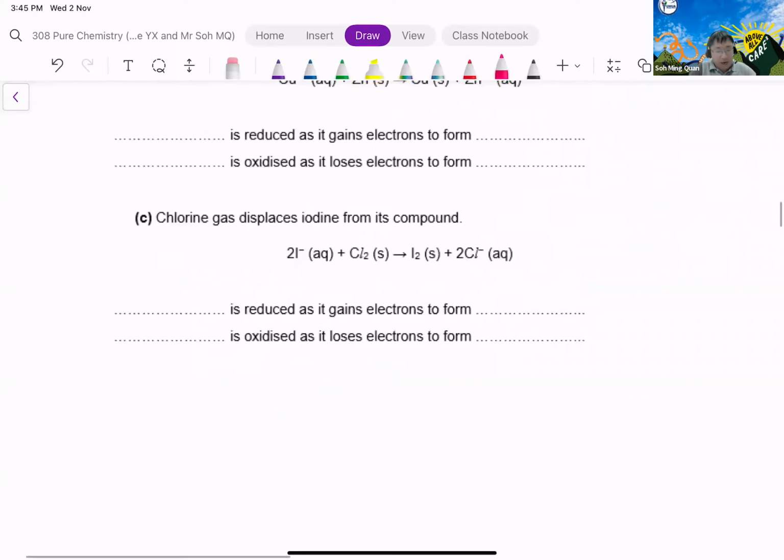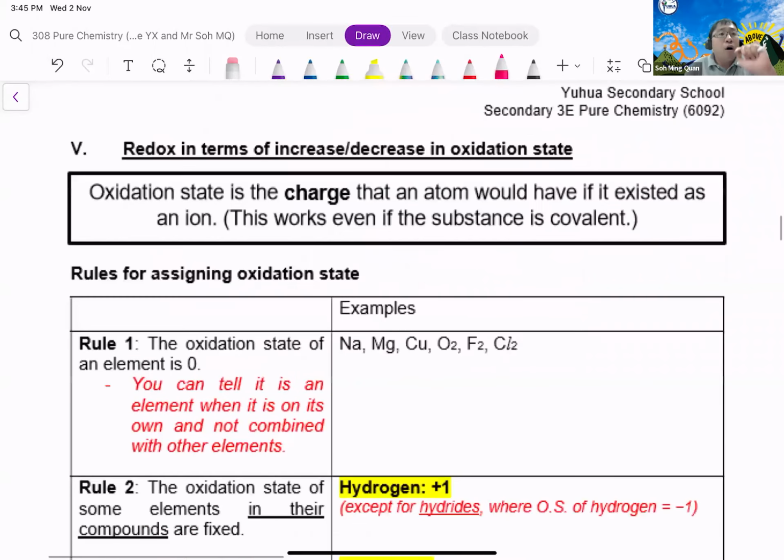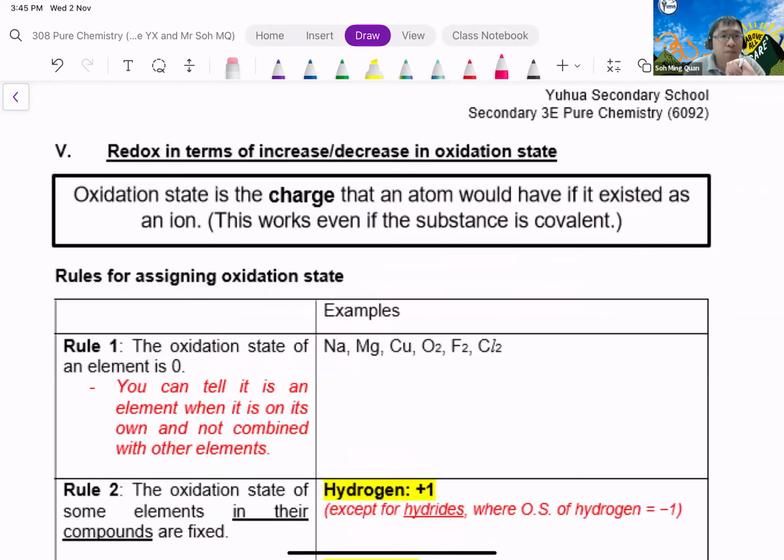So let's turn to the next page. So what is oxidation state all about? Well, the first thing you need to know is that oxidation state is not something that you can see. It's not something you can measure. It is not like temperature, you can put a thermometer in and measure 60 degrees Celsius. Oxidation state doesn't work that way.